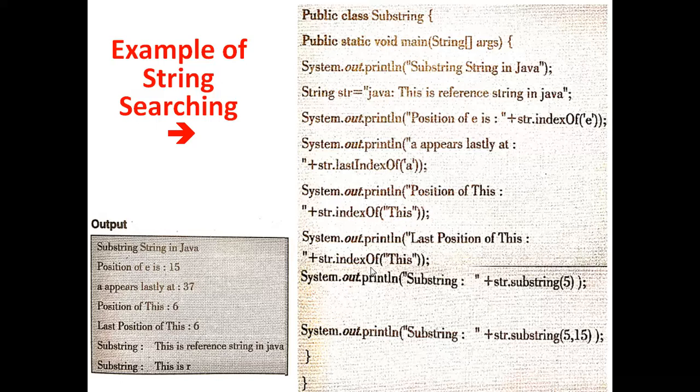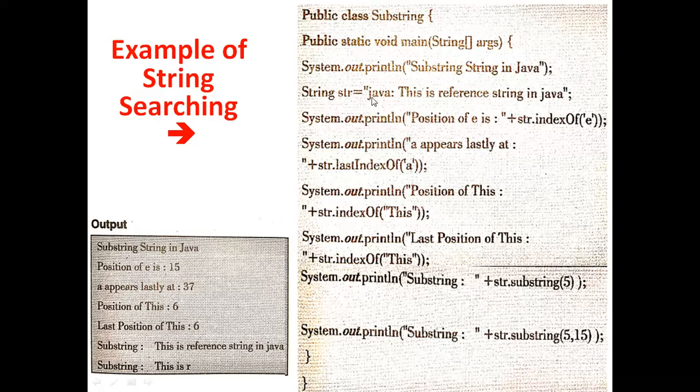Now, by using this, we'll find the index of the alphabet E in the stored string. For that, we have to use the function str.indexOf, and in brackets we give the string which we want to search, that is E. And in the output we get the position of E.